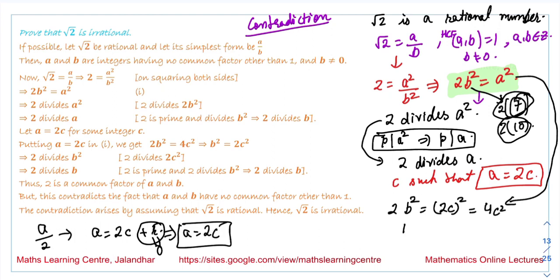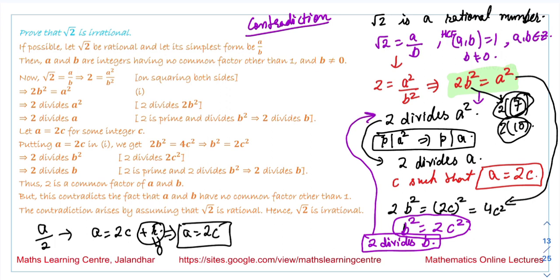This gives us b square is equal to 2 times c square. Again with similar reasoning, if b square is equal to 2 times c square, it means 2 divides b, the same reasoning by which we saw that 2 divides a.